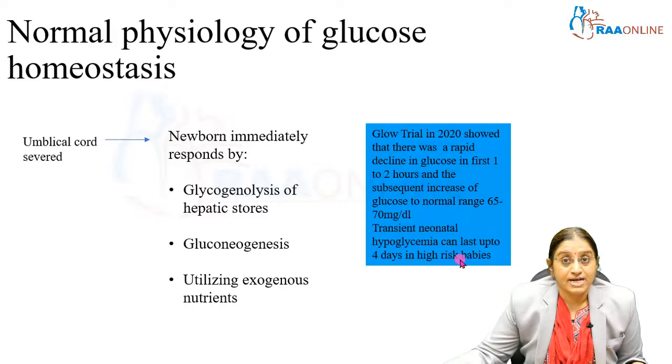So this transient hypoglycemia for very well babies can last maybe 1 day, maximum 2 days, and for high-risk babies like preterm babies and IUGR babies, the hypoglycemia can last even up to 4 days.